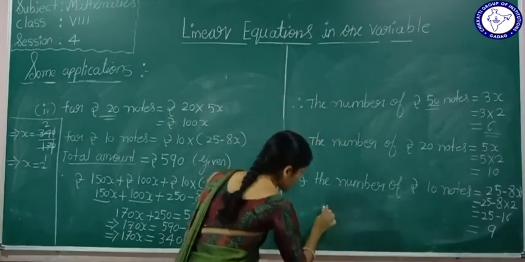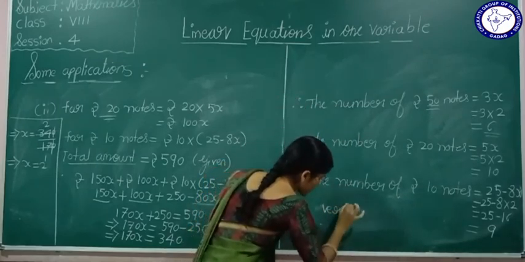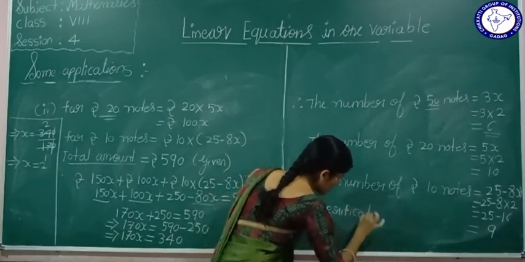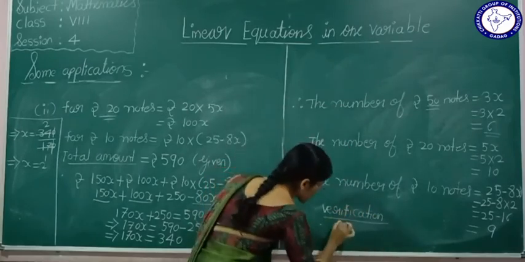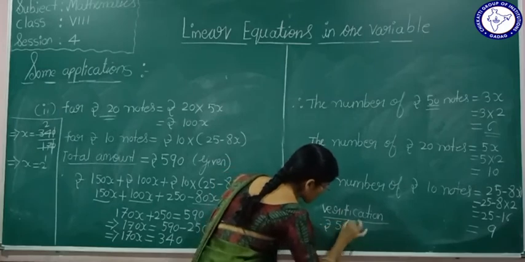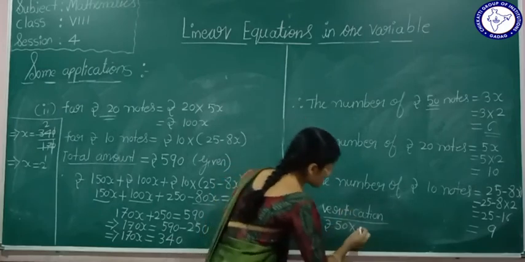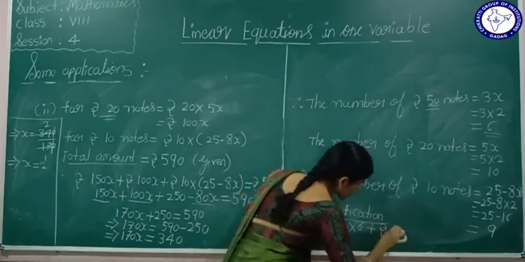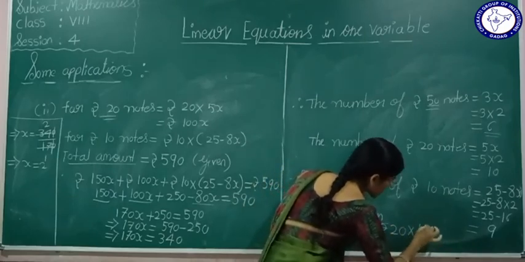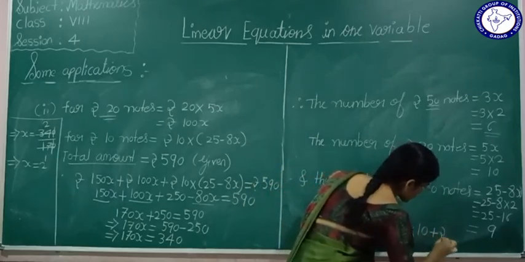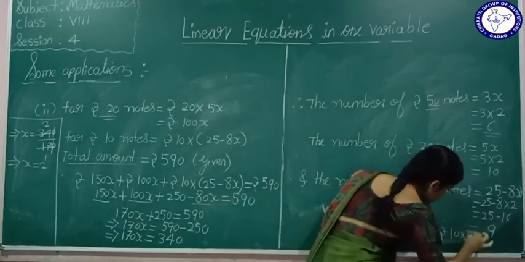Now we will do the verification and see. If you simplify, rupees 50 notes, how many did she get? 6, plus rupees 20 notes, how many? 10, plus rupees 10 notes, how many? 9.